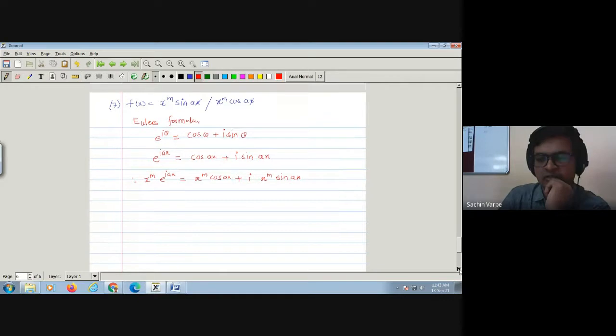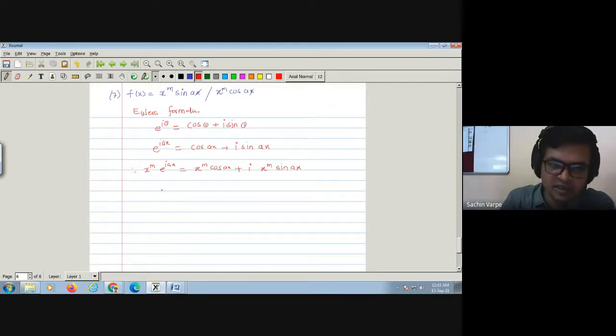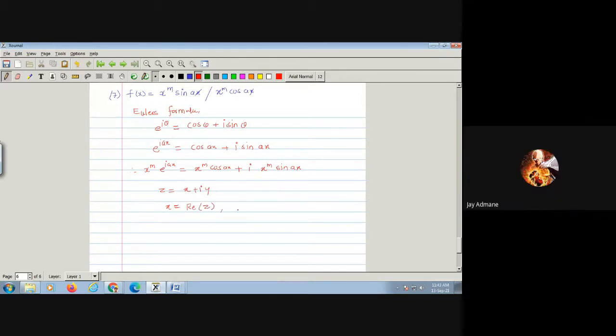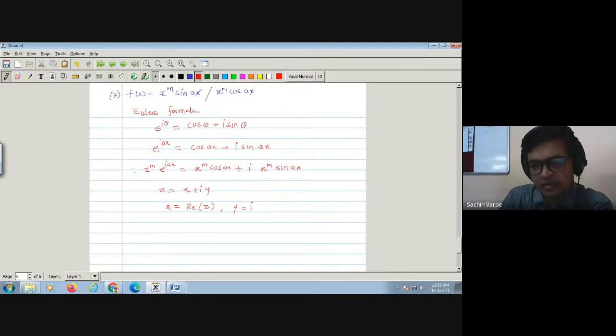Now, as we all know, complex numbers are of the form z is equal to, say, x plus iy, where x is called the real part of z and y is called the imaginary part of z, right?